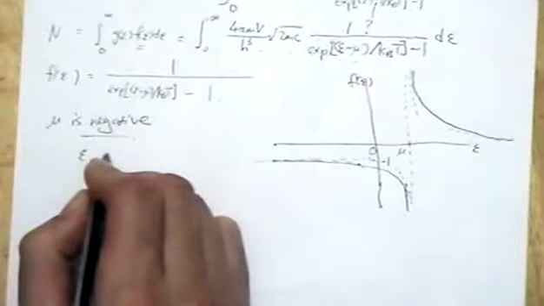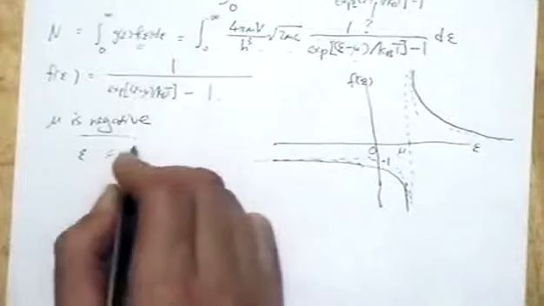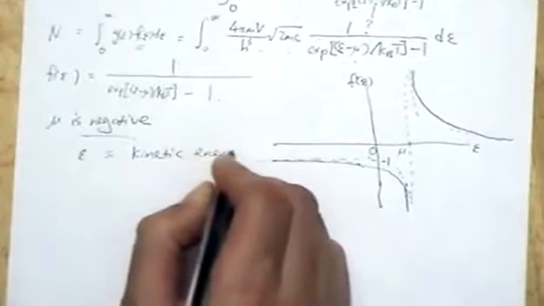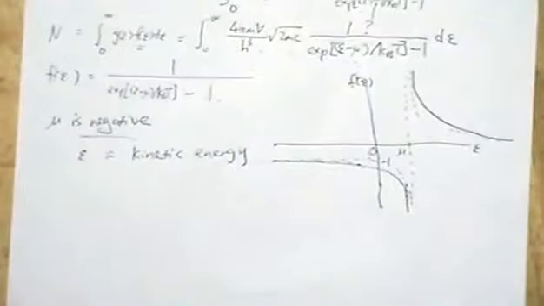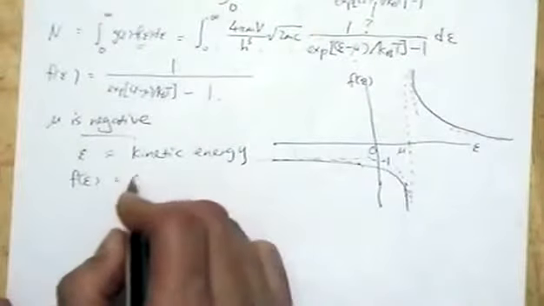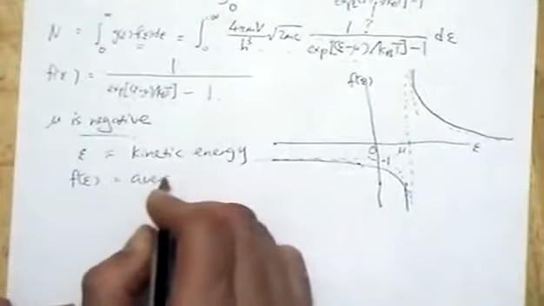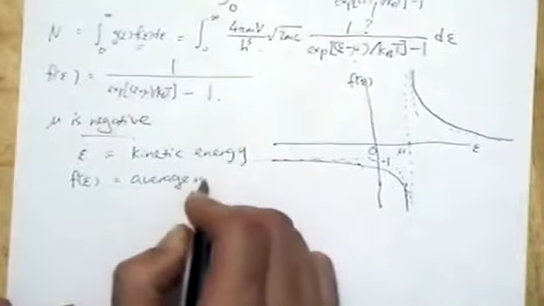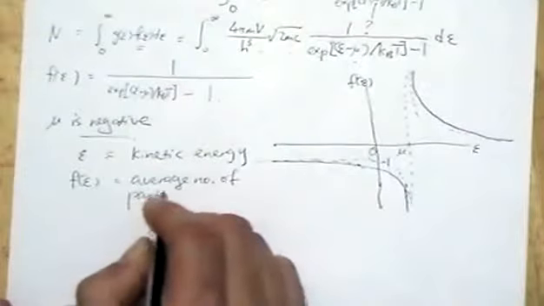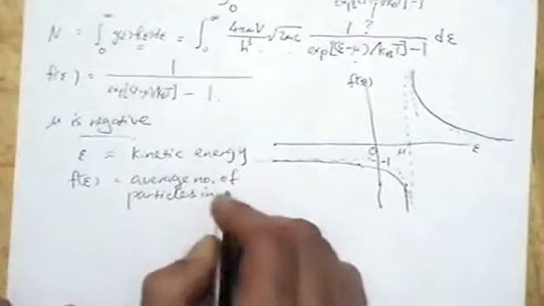Now we think of E as the kinetic energy, and we think of Fe as the average number of particles in one state.